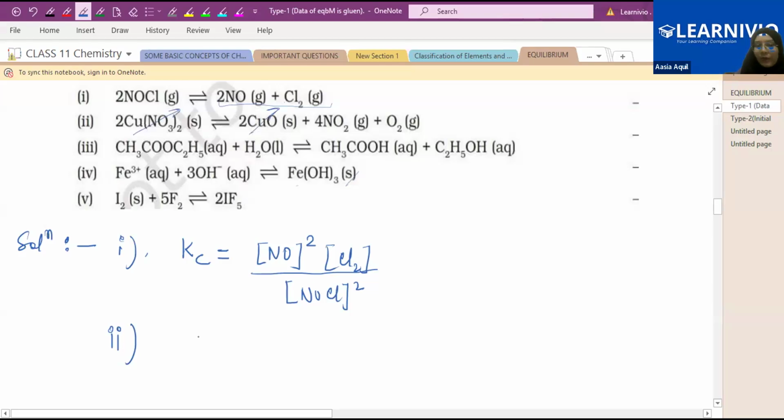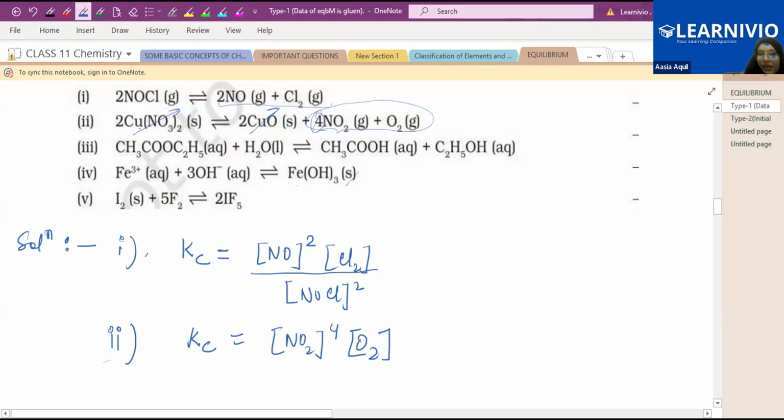So Kc will depend on these two concentrations only. So you will write Kc is equal to the concentration of NO2 raised to the power 4, multiplied by the concentration of O2, there is no coefficient, so no need to write down the power. So that is the equilibrium expression for the second equation.